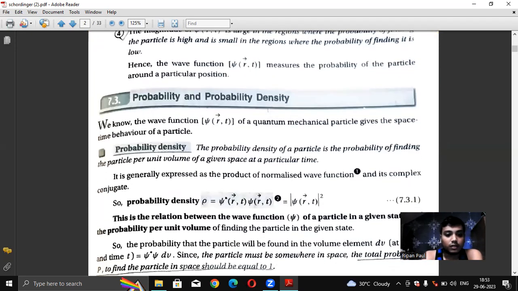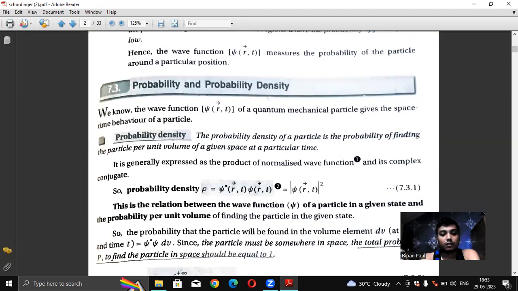Now see the probability density. The probability density of a particle is the probability of finding the particle per unit volume of a given space at a particular time. Probability density is basically denoted as the mod square, or the magnitude square, of the wave function.